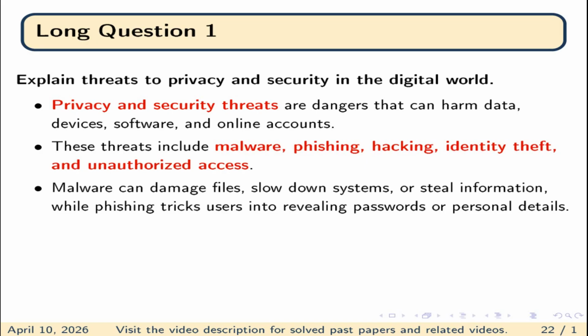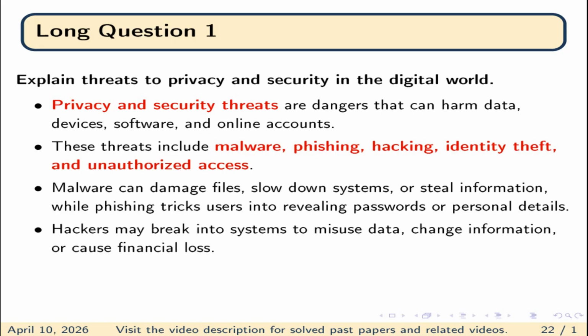Malware can damage files, slow down systems, or steal information, while phishing tricks users into revealing passwords or personal details. Hackers may break into systems to misuse data, change information, or cause financial loss.